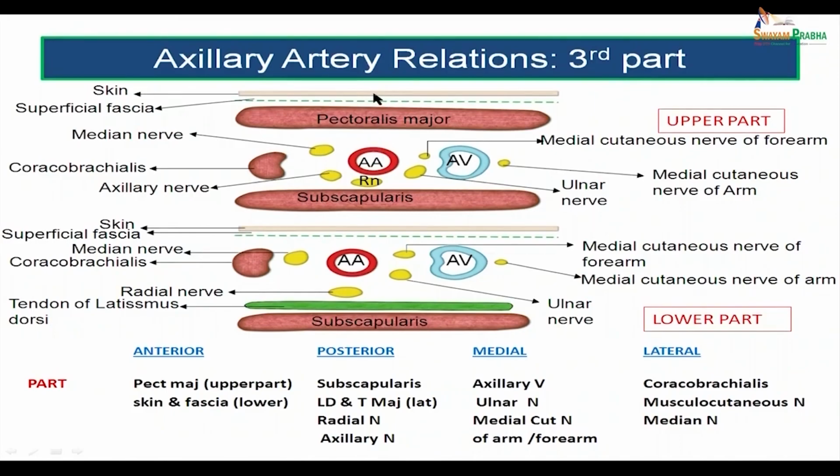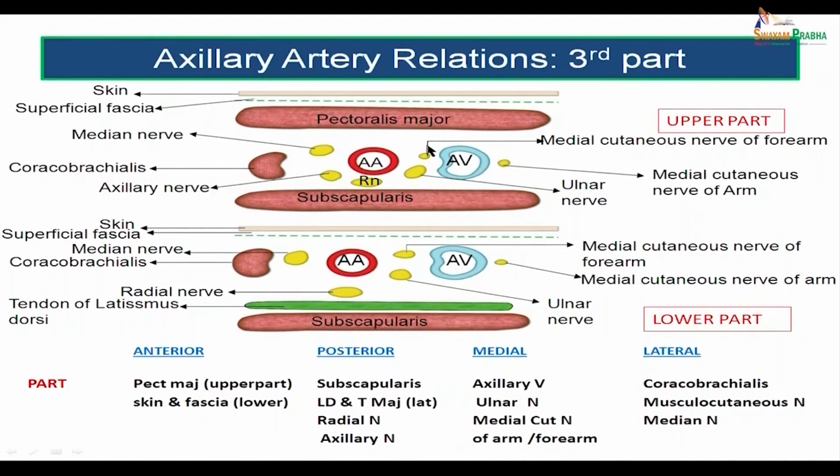The anterior relations in the upper part are skin, superficial fascia, pectoralis major. Then posterior relations are subscapularis and the radial nerve. The medial relations are the axillary vein, and medial to the axillary vein we have the medial cutaneous nerve of arm.